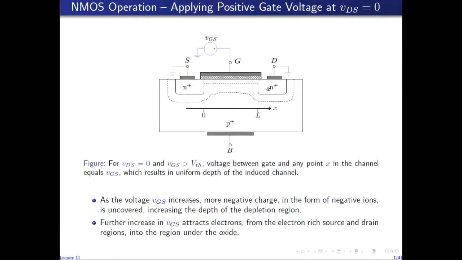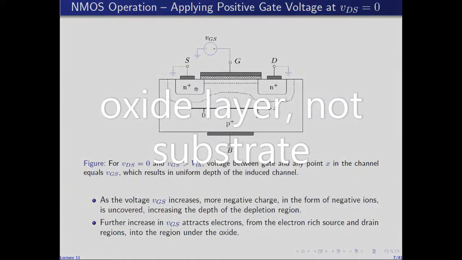They are rich in free electrons. So if VGS is increased further, the relatively stronger positive voltage at the gate will start attracting the free electrons from the source and drain regions into the area under the oxide.